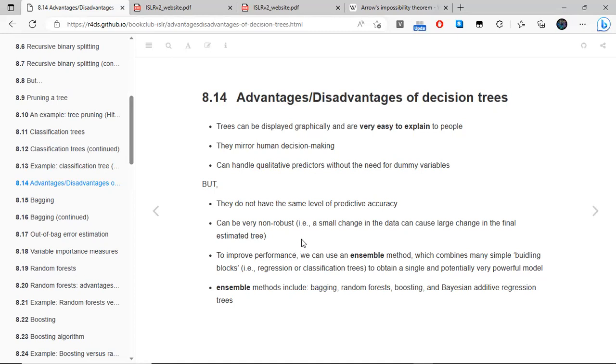That is, if you change the training data by a little bit, the decision tree that you build for that changed training data can be quite different from the decision tree that we had in the beginning. So it's quite sensitive. And also, well, it's not mentioned over here, but these decision tree models have quite a high variance.